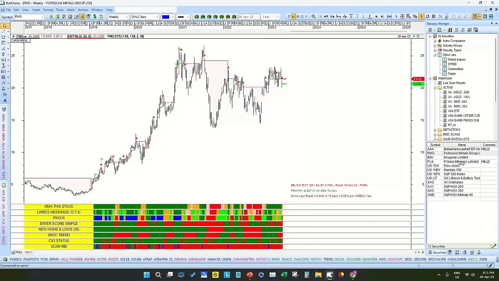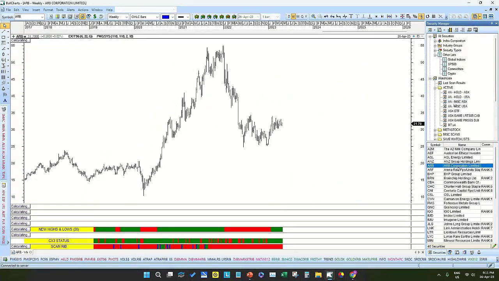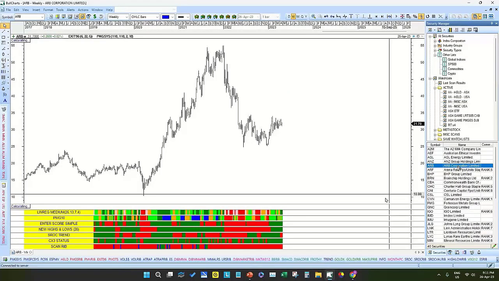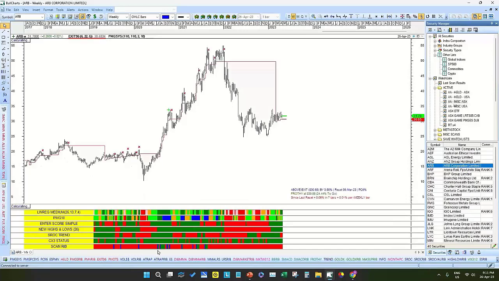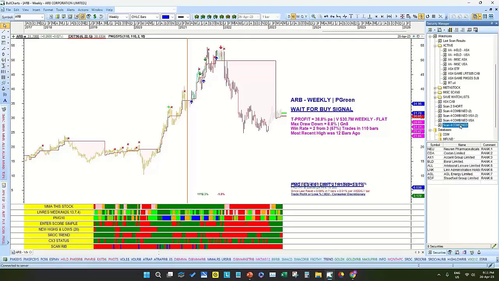Let's pick some stocks that would be of some interest, like ARB. When I look for stocks, let's try this one. I use lots of ribbons, and if a stock is healthy, we should see a big band of green at the end.